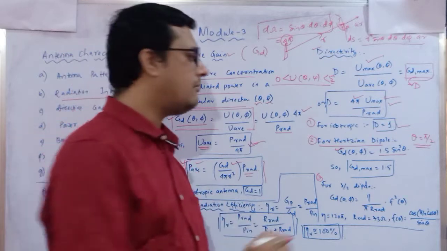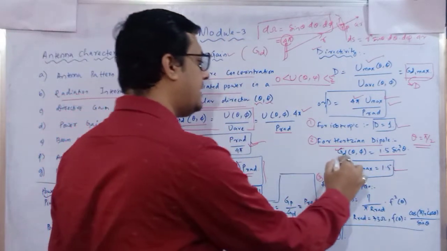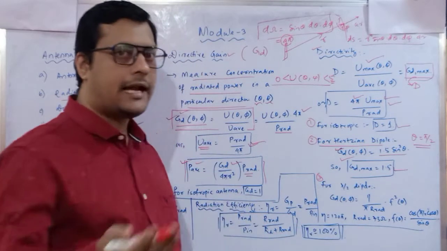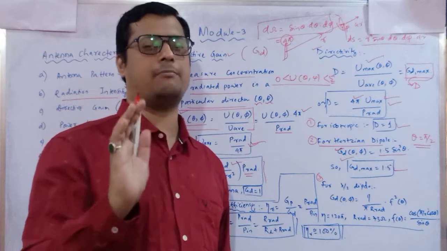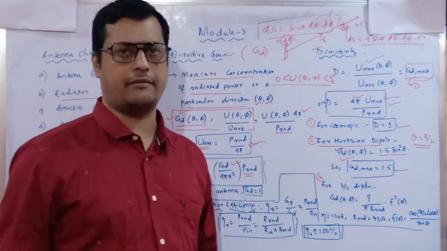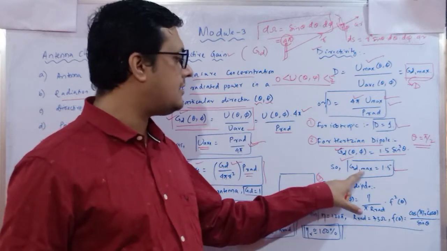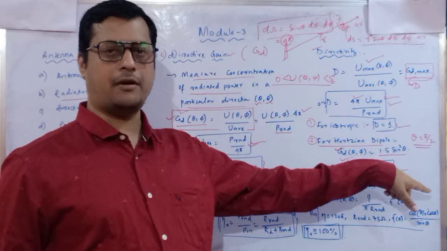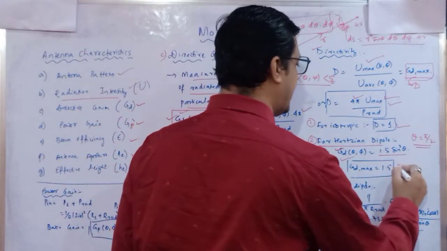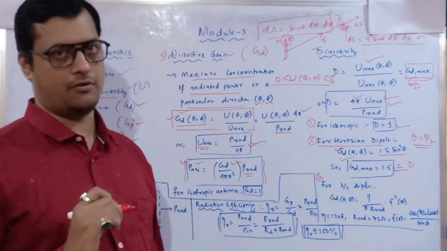So the maximum value is 1.5. So this is the directive gain, or I will say it is called directivity, for the Hertzian dipole. The value is 1.5. It will not exceed 1.5. It is the maximum value. So that is the directivity. So GD suffix max is equal to 1.5. That means directly I can write this is called the directivity of a Hertzian dipole.